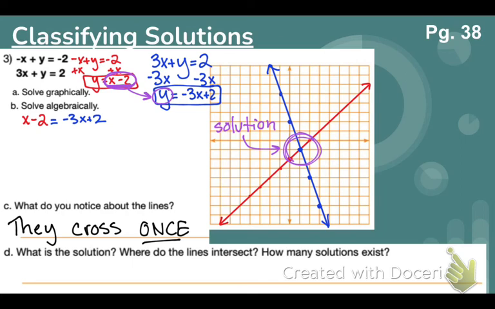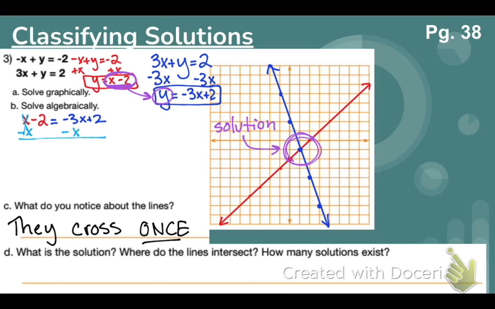I want to get all of my x terms to one side. So I could subtract x from both sides. Or you could move the negative 3x by adding 3x to the other side. But it works either way.